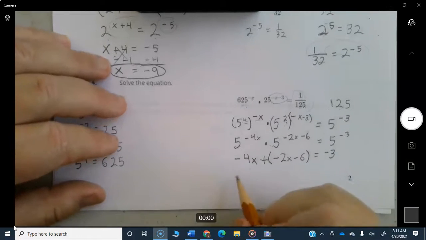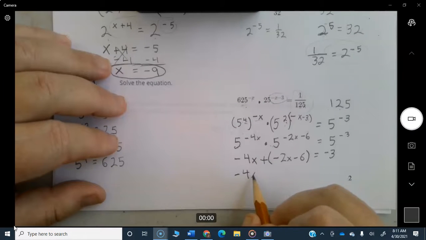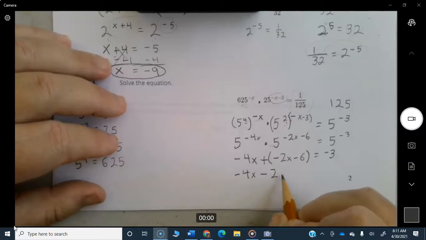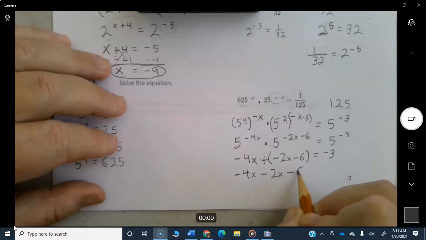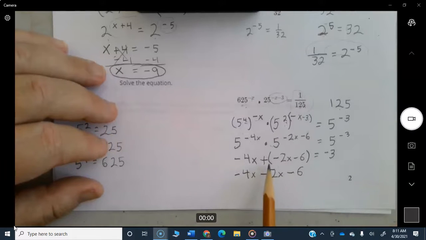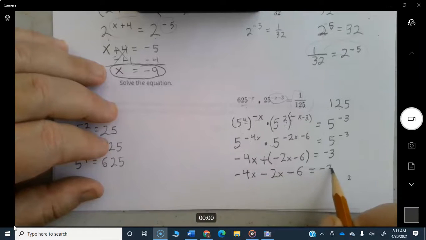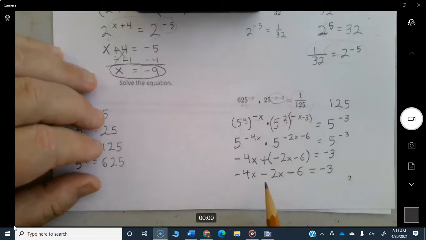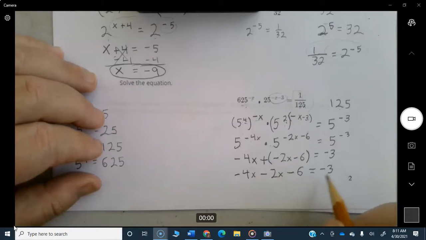Okay, so we can rewrite this simply as negative 4x plus negative 2x minus 6. I can simply write that as minus 2x minus 6, okay? As long as that's a plus sign, you can just get rid of the parentheses. All right, and that equals negative 3. Now you combine terms here. So we have negative 4x minus 2x. Well, let's get all the terms on the same side.